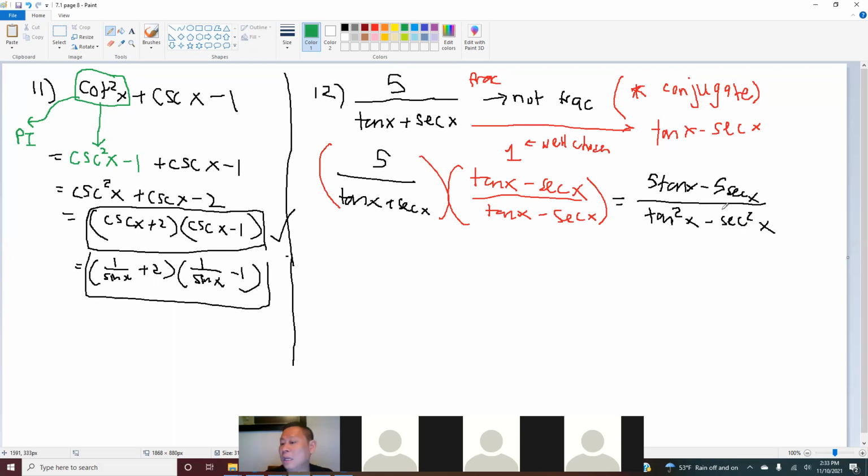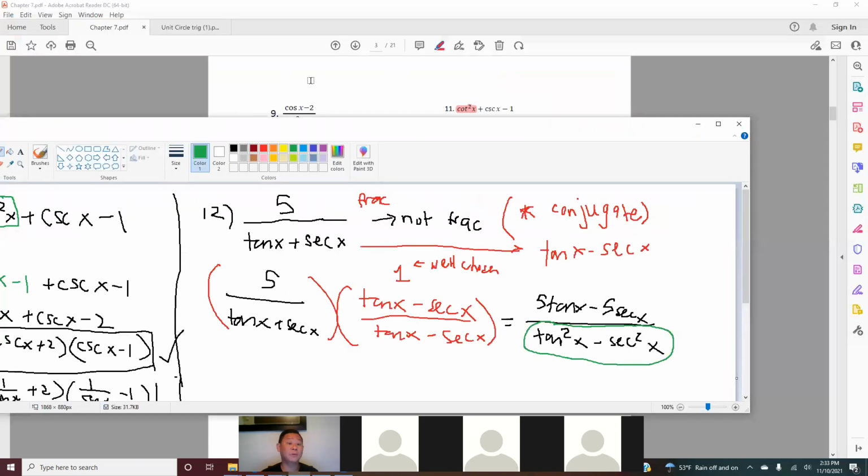Again, we need this to become no fractions. So we can apply something on this denominator. Can someone tell me what can we apply on this denominator? It's an identity for sure.